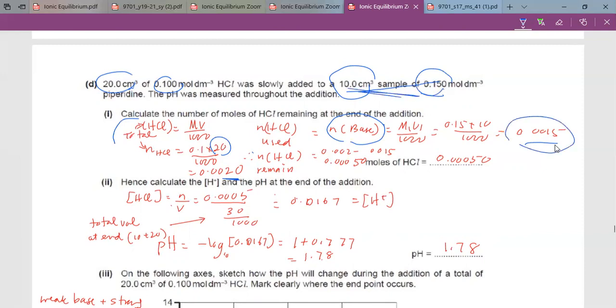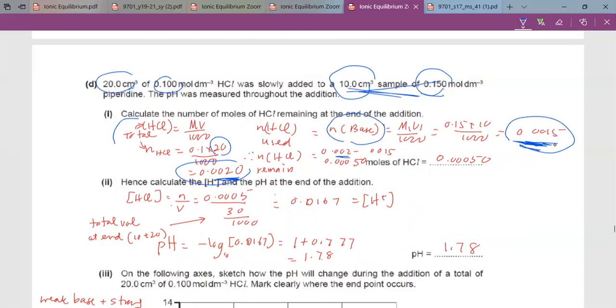So the number of moles of base is this one. Of course, that means 1 to 1, so the number of moles of acid reacted is the same. This amount reacted, this one is the original, this is the total amount here. So how much is remaining? The total minus the reacted, which means 0.002 minus 0.0015. How much remainder? I first got it wrong.